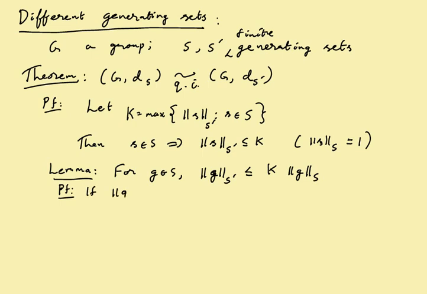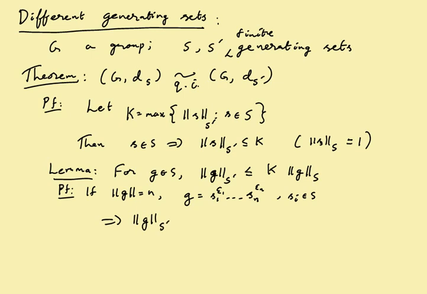So suppose the norm of g equals n, then what do we know? g is going to be s_1 to the epsilon_1 through s_n to the epsilon_n, with s_i in S. So now we have our triangle inequality, or rather that property of the norm.